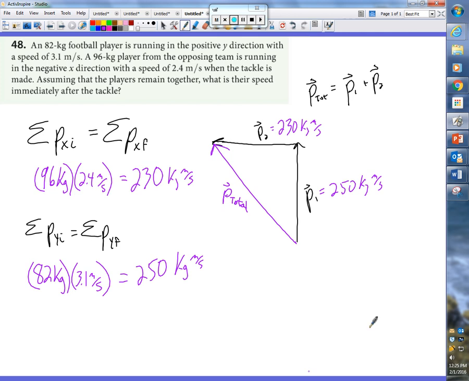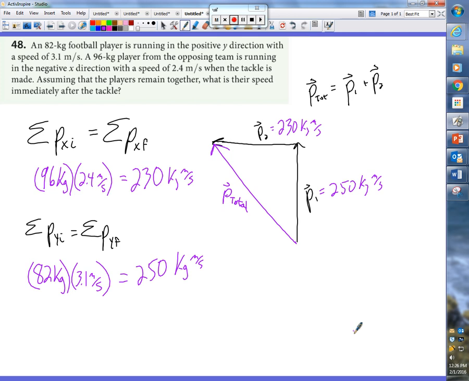Okay? Now, how do I find the vector sum of those two? It's not just going to be 480, nor is it going to be 20. You can't just add or subtract them. They're vectors. But when the vectors are oriented like this, how do we find the P total? How do we find that value? Pythagorean theorem, right? So, Pythagorean, P1 and P2 to get your P total.